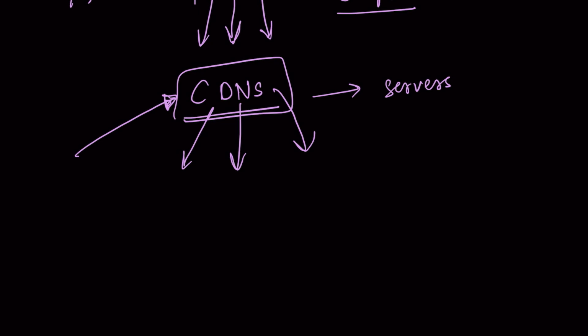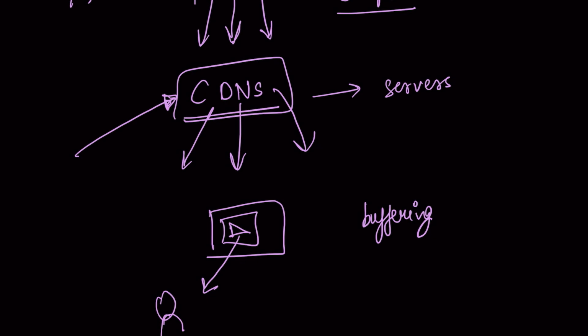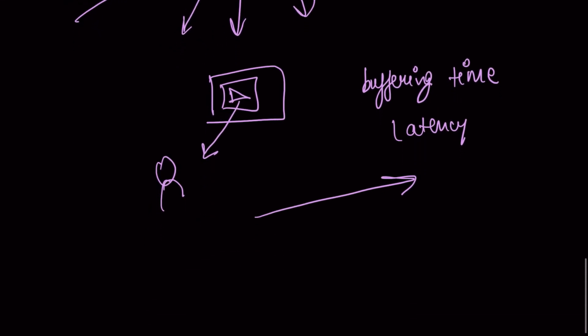And this CDN ensures that when a user clicks on the play button, the video is served from the server that is closest to the user. And this is going to reduce the buffering time and even the latency. And this allows YouTube to scale and serve high quality videos to millions of concurrent users without overwhelming their servers.